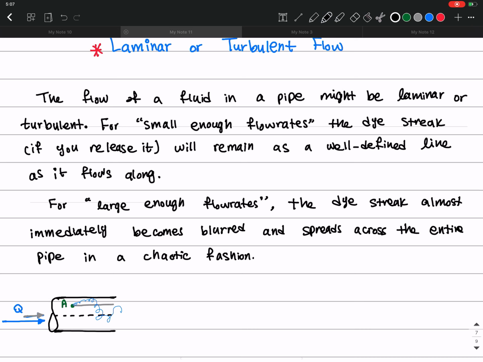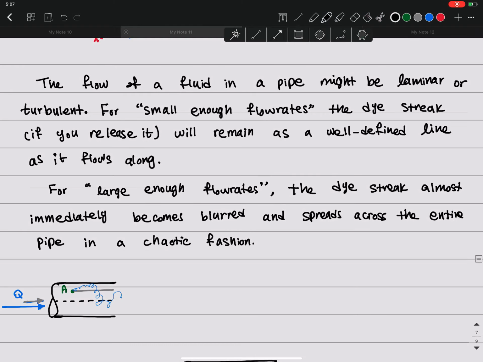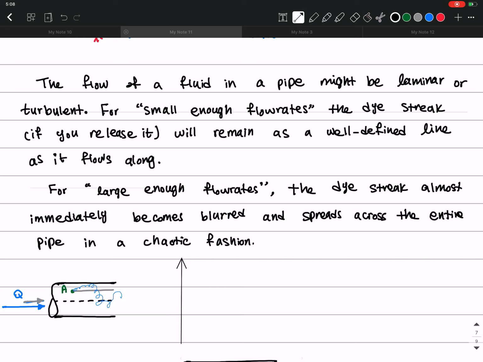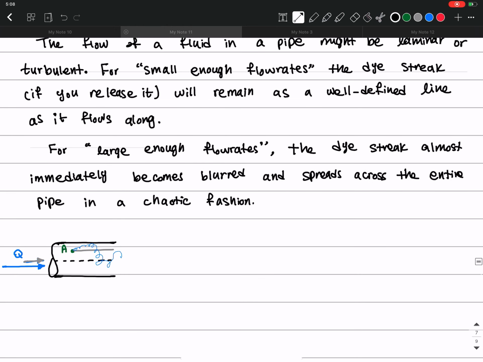Okay, so let me make a more formal definition of this. You can also look at it from the velocities perspective. It's almost similar.